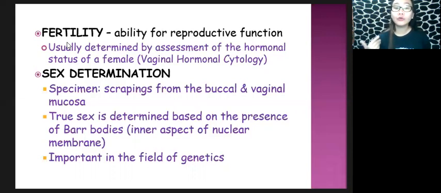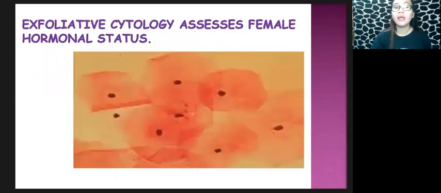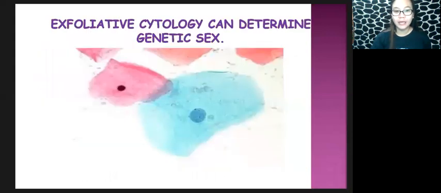True sex is determined by the presence of your Barr bodies, which are seen in the inner portion of your nuclear membrane. Sex determination in exfoliative cytology is an important method in the field of genetics.